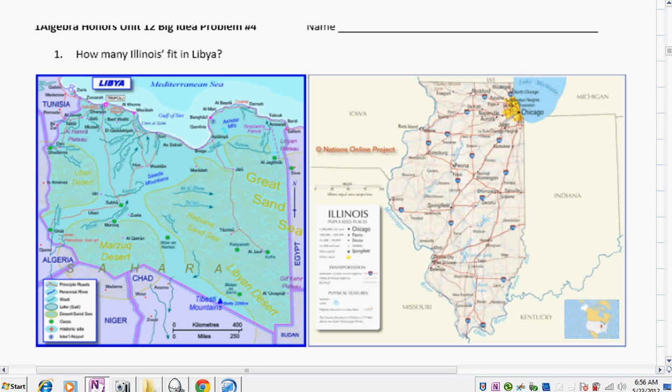But for example, 1 inch here on Illinois is the same as 100 miles. And on the map here, 1 inch is 250 miles. So we need to use that at some point to figure this out.